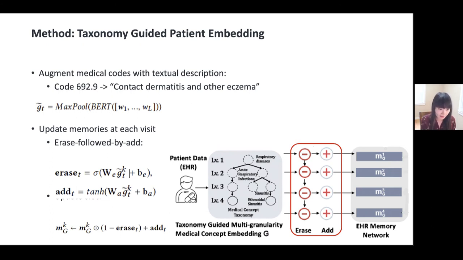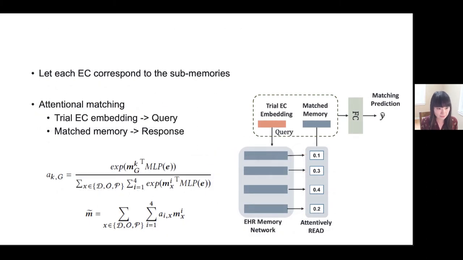Then, because the patient's EHR are sequential data, we update the memory slots at each visit. We adopt the erase followed by add update mechanism as this equation. Then at each time step, the memory in each slot will be updated using this equation.